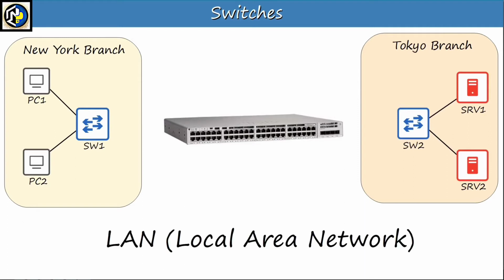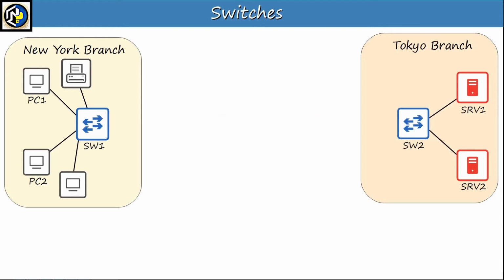Switches are used to forward traffic within a LAN, a local area network. PC1 and PC2, as well as other devices plugged into switch 1, such as a network printer or another PC, all reside on the same local area network. The same goes for any devices connected to switch 2 in the Tokyo branch.